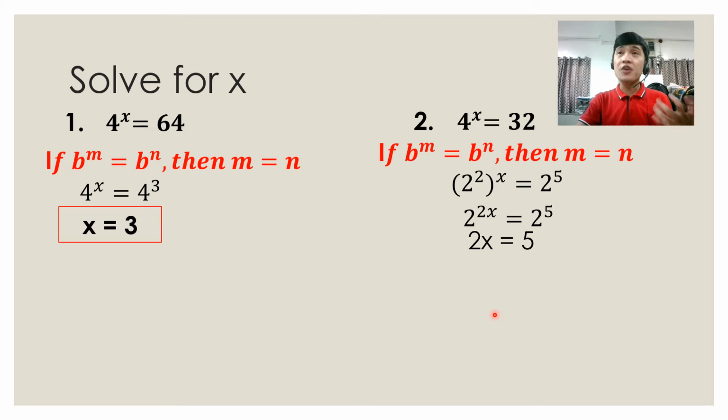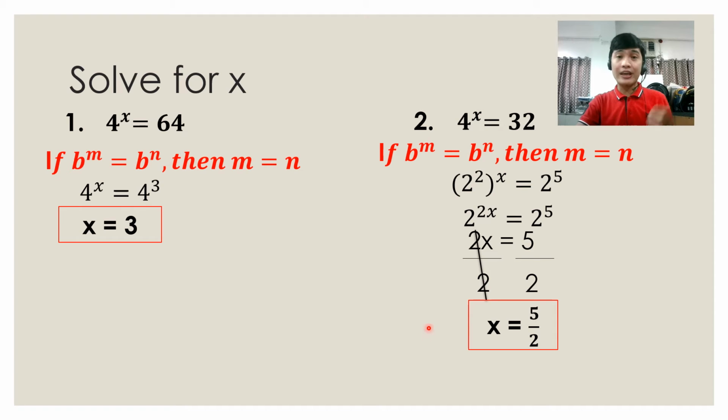Now, since we are asked to solve for the value of x, we will divide both sides by 2. So 2x divided by 2, and then 5 divided by 2. I-cancel natin ang 2. Therefore, our value for x, for example number 2, is equal to 5 over 2.